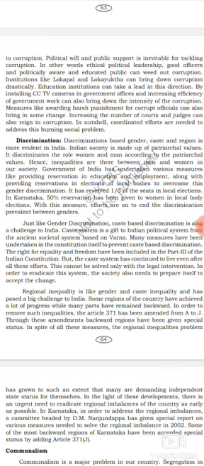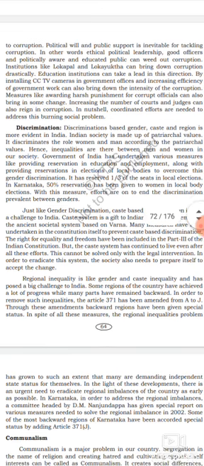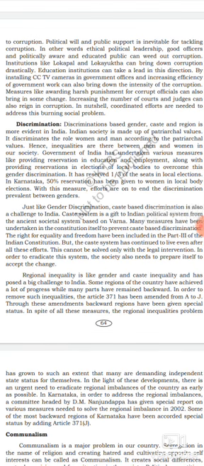Regional inequality, like gender and caste inequality, has posed a big challenge to India. Some regions of the country have achieved a lot of progress while many parts have remained backward. In India, some regions are developed well, but some regions still remain backward.